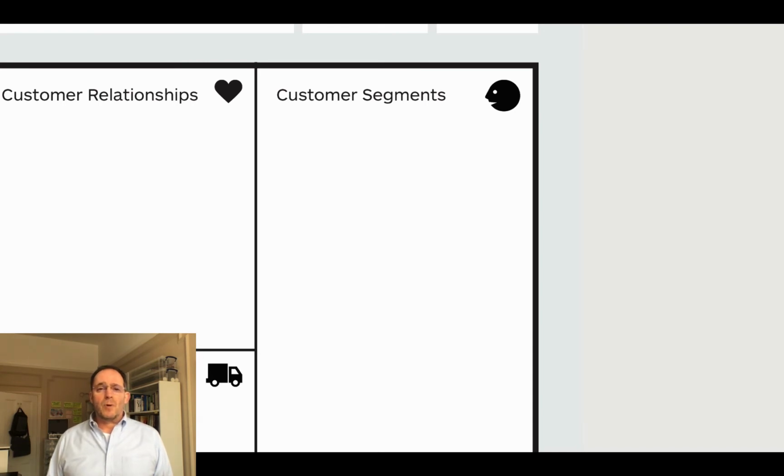So, a process of identification, customer segments, and remember, a customer segment might be, if you're selling to a wholesaler, that is your customer. If you're selling to a retailer, that is your customer. If you're selling directly to the end user, they are your customer. You might do all three, and you need to identify those different customer segments, because each one of them may have a different response, a different challenge based on the threat, the coronavirus that we're talking about now.